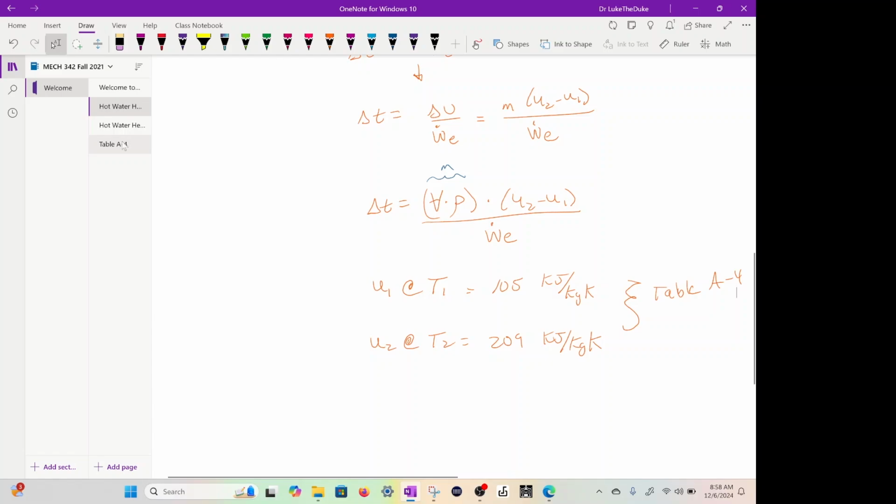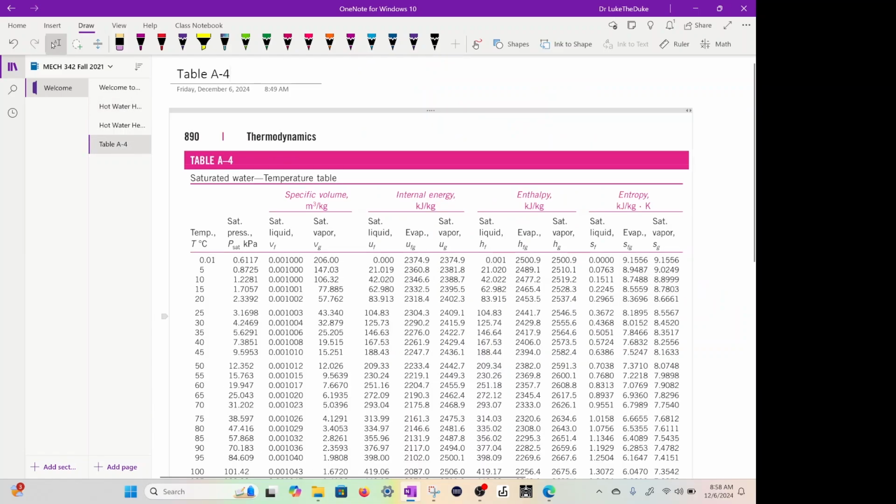So if I go to my table, what we have is 25 degrees C, so here on the left is 25. I'm just going to draw this whole line here. And the other one is 50. Let me do red. U is internal energy, and we're going to look for the subscript f, which is the fluid.